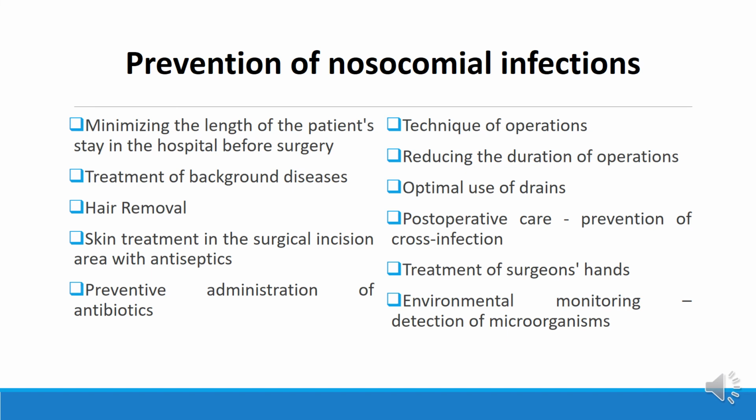The techniques of operations, reducing the duration of operations, optimal use of drains, post-operative care, prevention of cross-infection, and treatment of surgeons' hands, and environmental monitoring by the detection of microorganisms in the operating rooms and in their items.